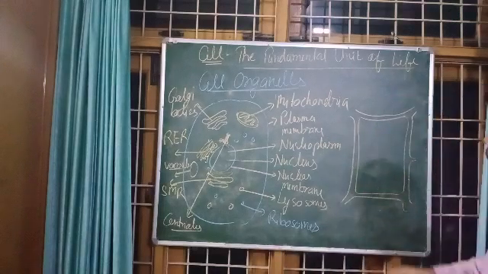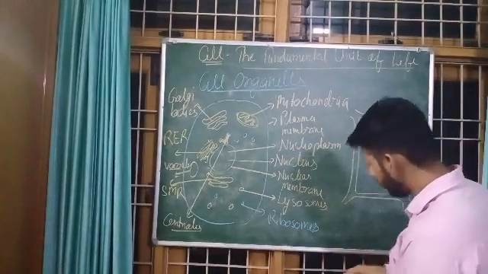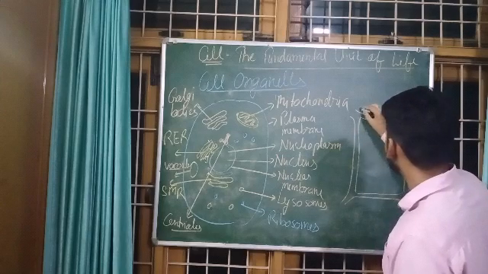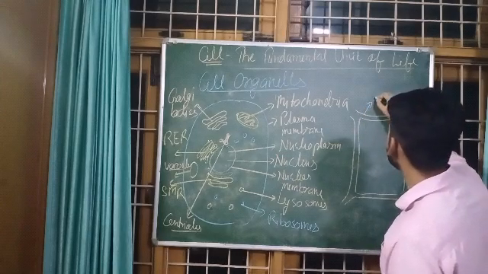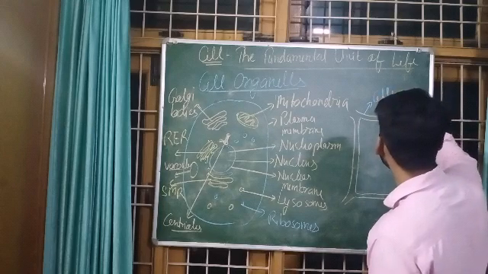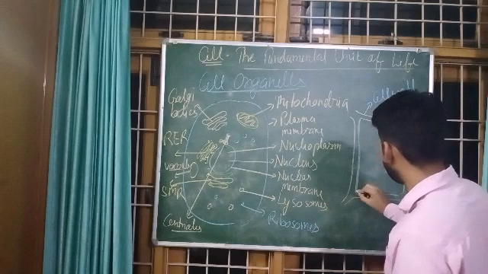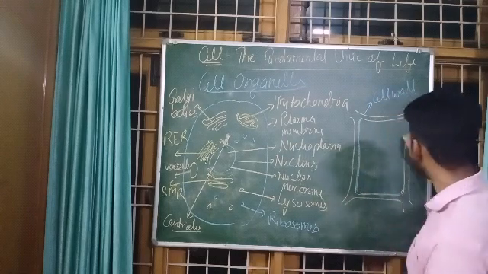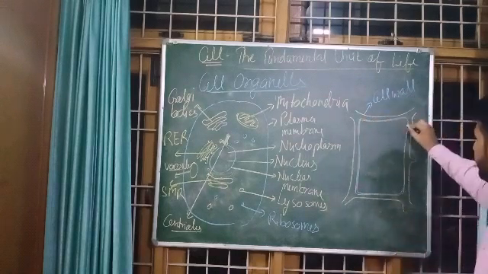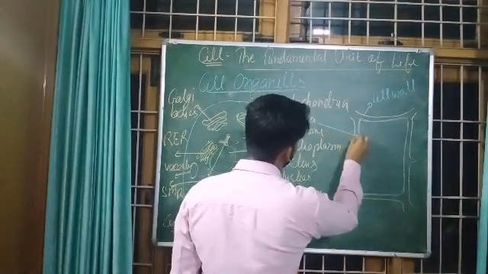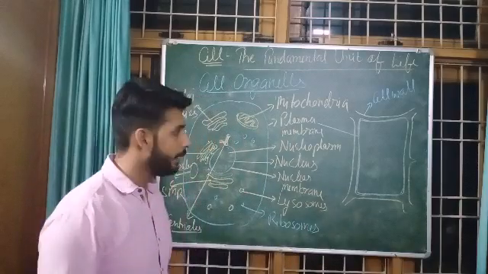Here it is, the outermost covering, known as the cell wall, and inside the cell wall there is a thin membrane-like structure, that is the plasma membrane. Got it?